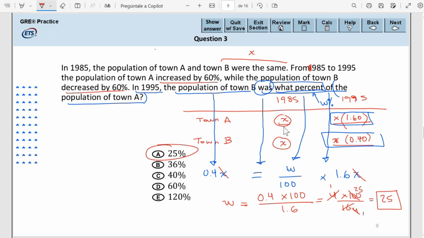Of course, you can also try a different way. Some people, for example, decide to assume some value. Say, if the populations were the same, let's say that in both towns, the population was originally 1,000 people. And then they work with numbers, modifying the numbers with the percent increases or decreases that the question describes.